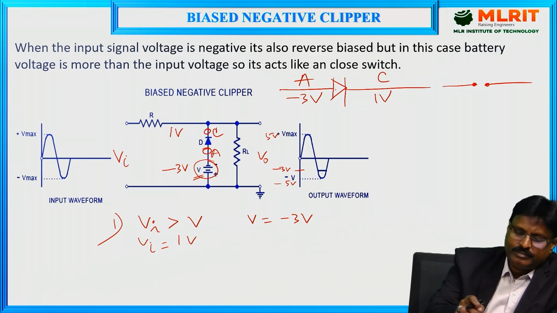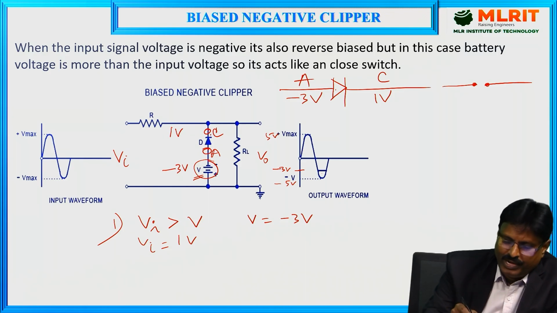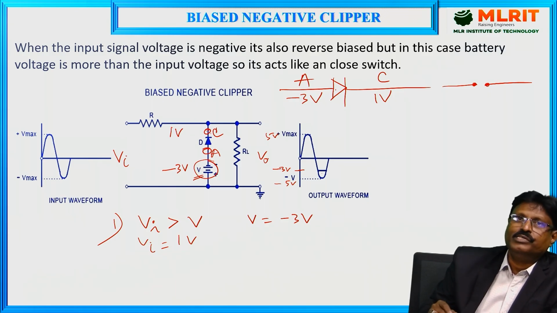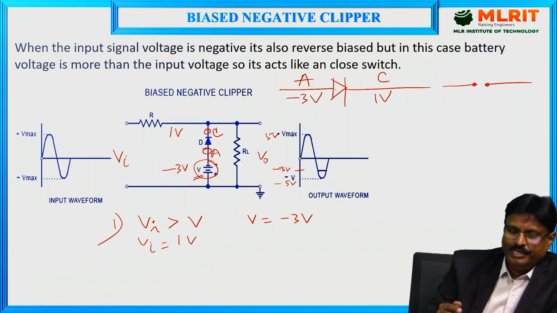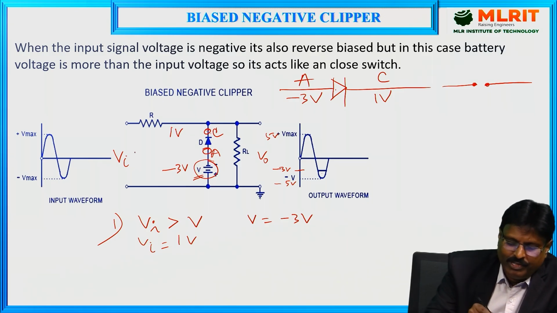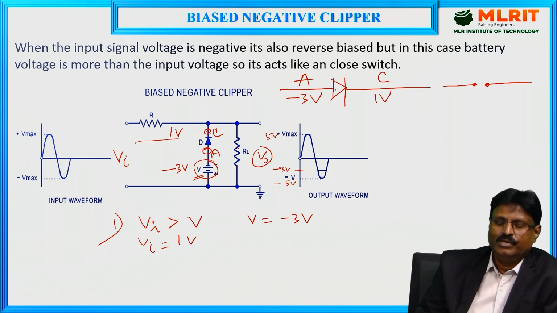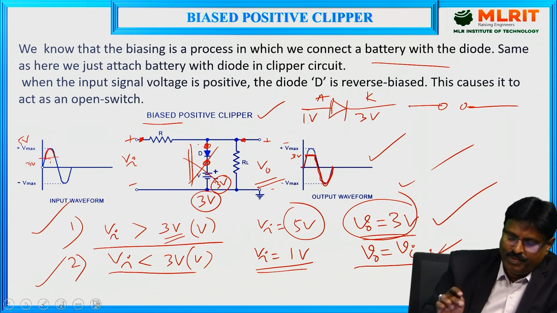Whenever it is open, we can ignore that arm when considering the output voltage. Whatever input voltage is given, the same voltage will be observed at the output, because this arm won't be there, it is open.